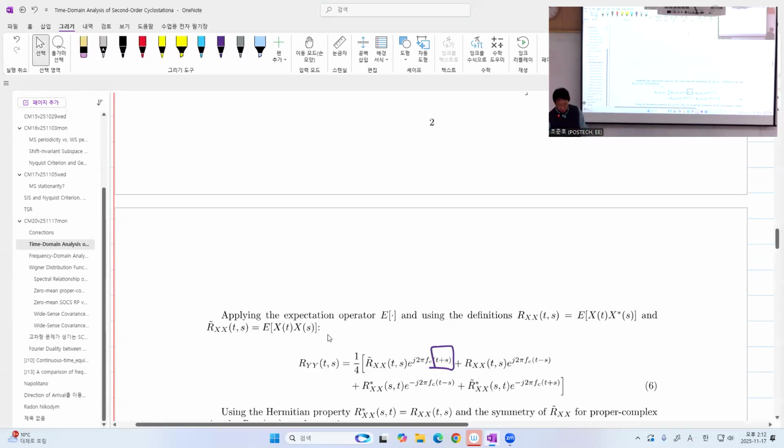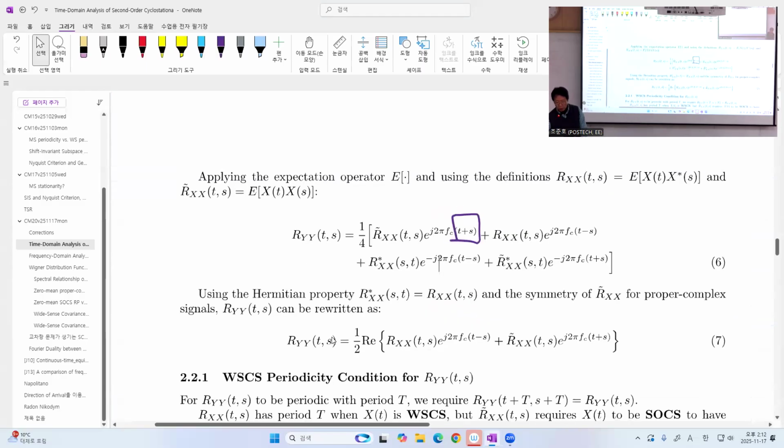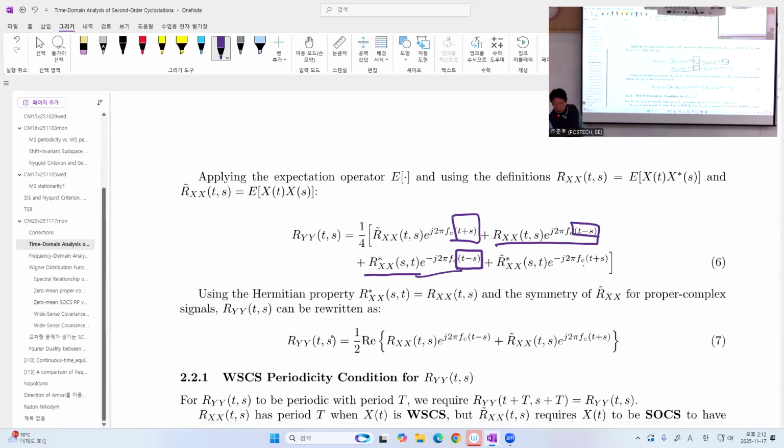This is quite interesting. Usually we've seen t minus s. That is here. And also, for the complex conjugate of autocorrelation, we again have t minus s. But for the complex conjugate of complementary autocorrelation, we have t plus s.